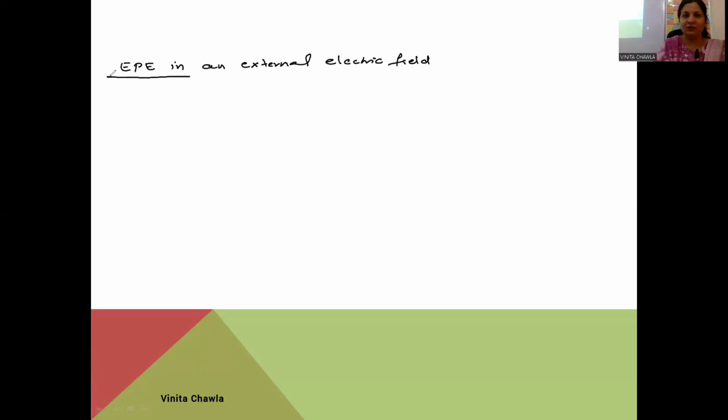Underline the heading nicely, like this, okay. So first we will find the potential energy of a single charge. Potential energy of a single charge.